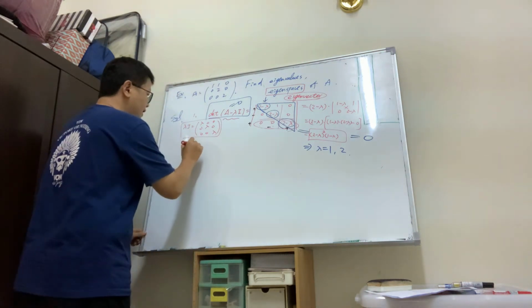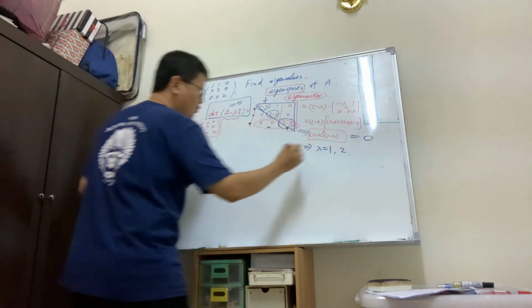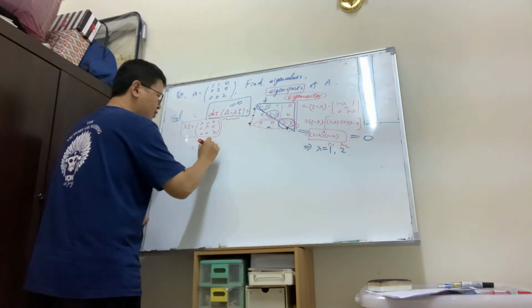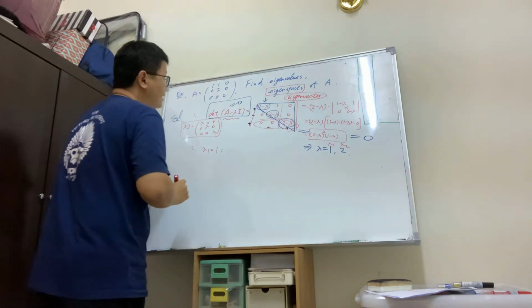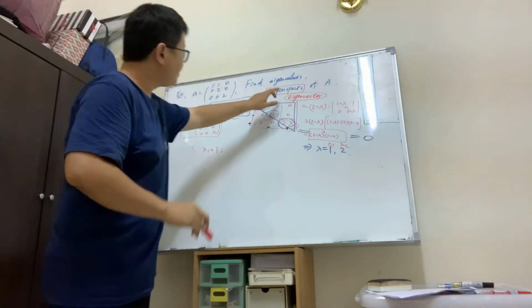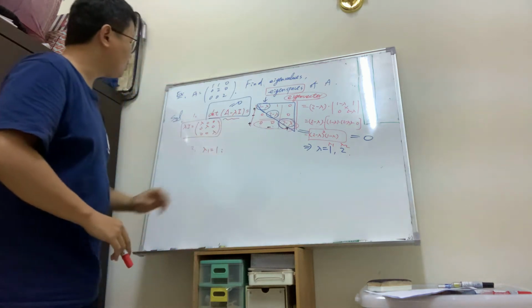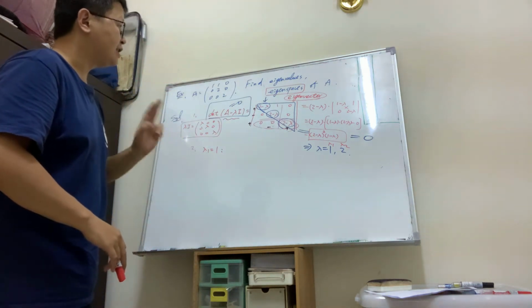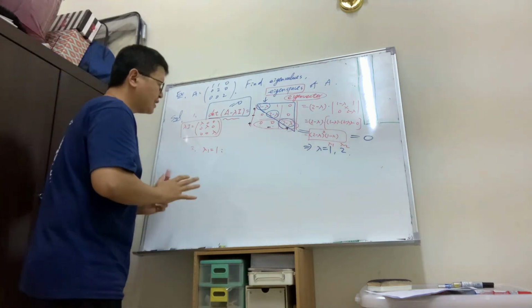Okay, so second step, we have 2 eigenvalues, which we could denote by lambda 1 and lambda 2. For lambda 1 equals 1, we should figure out the eigenspace or eigenvectors. So you should find the solution set of A minus lambda 1 I x equals 0.